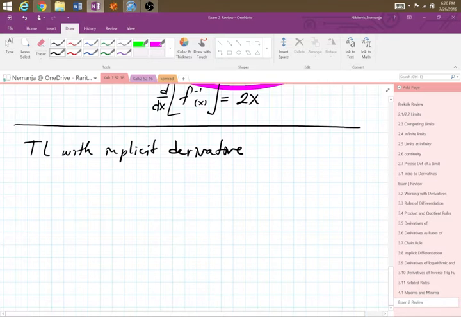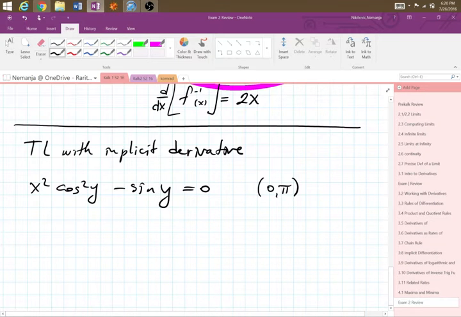The problem says x squared cosine squared y minus sine y is equal to 0, and the point is 0, pi, for the tangent line, where the tangent line is supposed to intersect the function.